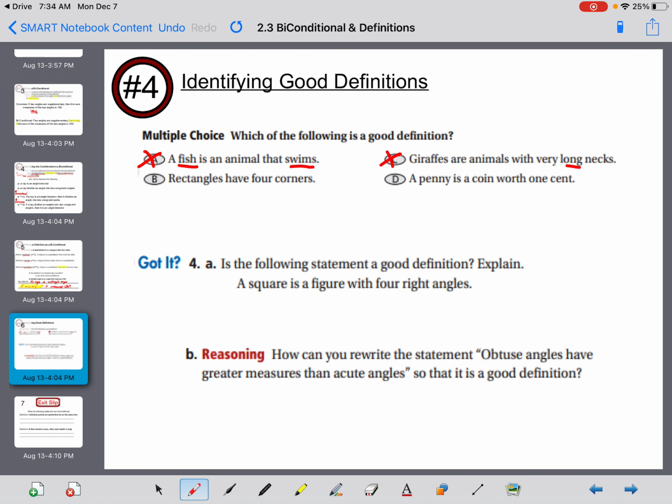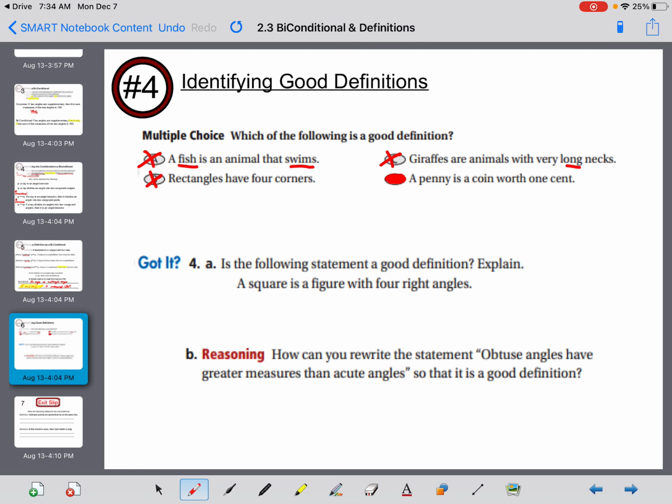So not a good definition. Rectangles have 4 corners. Well, not just rectangles have 4 corners, squares have 4 corners, rhombuses have 4 corners. So this is not a good definition either. A penny is a coin that is worth 1 cent. This is a good definition. Okay, it's descriptive, it gives you a value. Okay, cannot be mistaken.